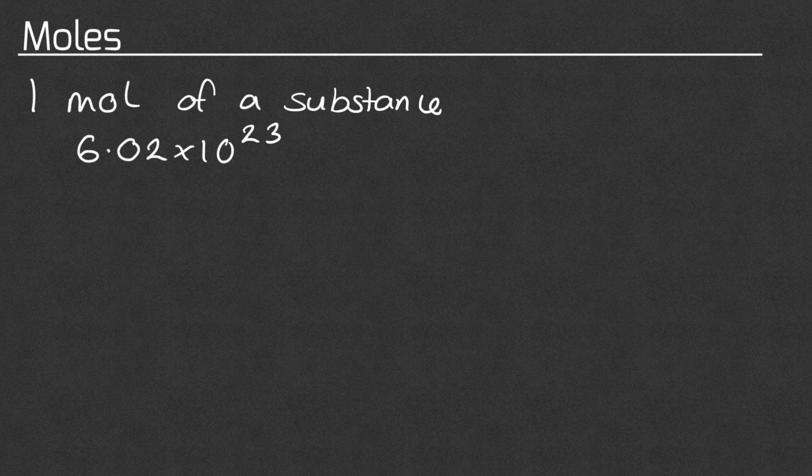So we've said that if we've got 1 mole of a substance, we've got 6.02 times 10 to the power of 23 lots of that particular thing, be it atoms or molecules. And 1 mole of a substance, of a chemical, is equal to its molecular mass.